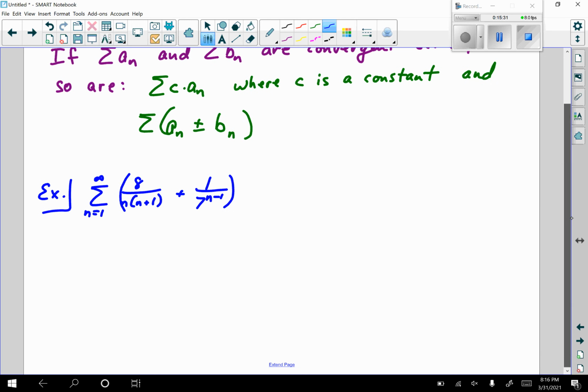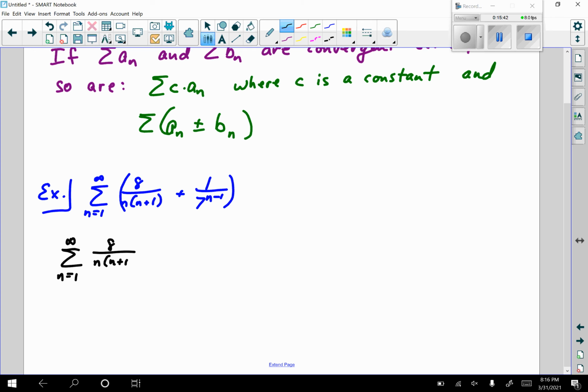So first we're going to take a look at using the second property here. We'll just do the summation as n equals 1 to infinity of 8 over n times n plus 1. This could be rewritten as taking the 8 out in front, that's the constant as well, of 1 over n times n plus 1.